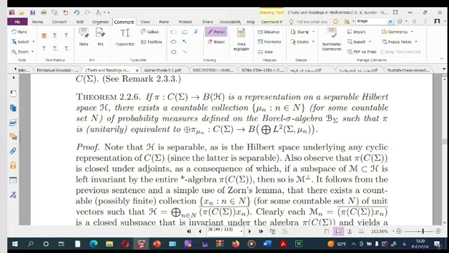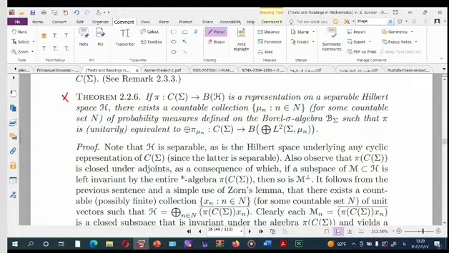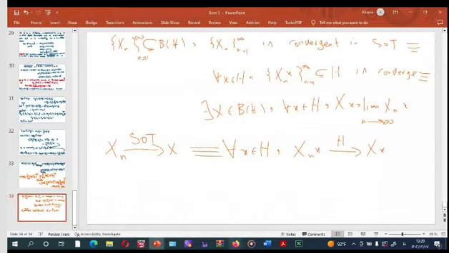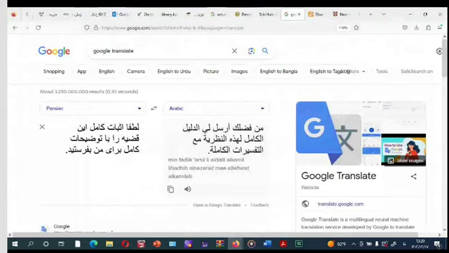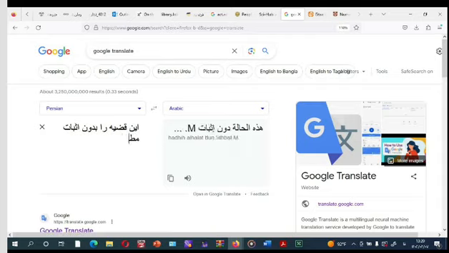Okay, only read this theorem without proof, okay? We don't have any time, and so I omit the proof of some theorems. Read without proof. So we deleted the proof of this theorem.